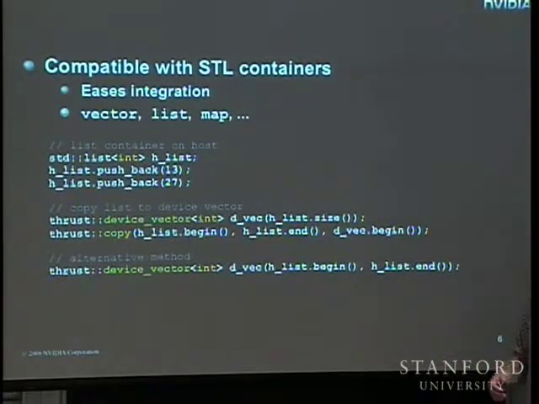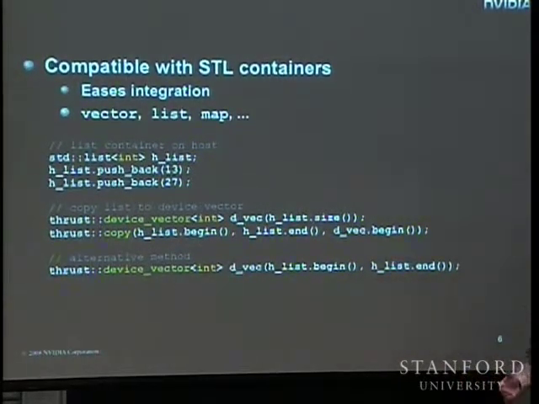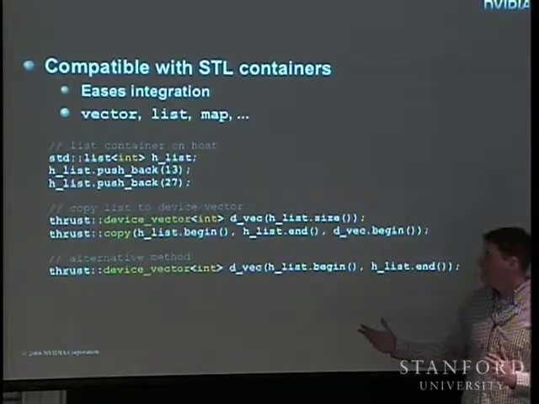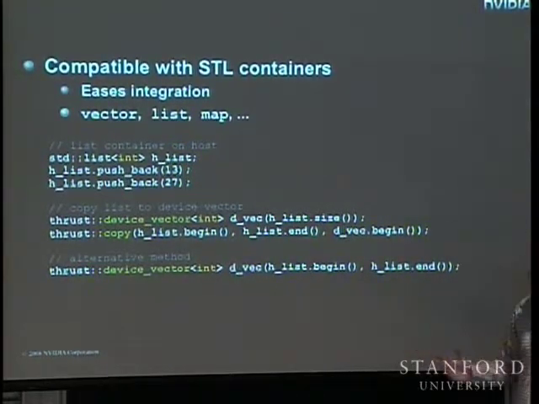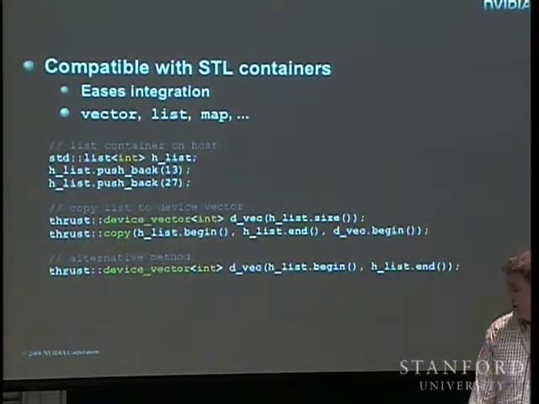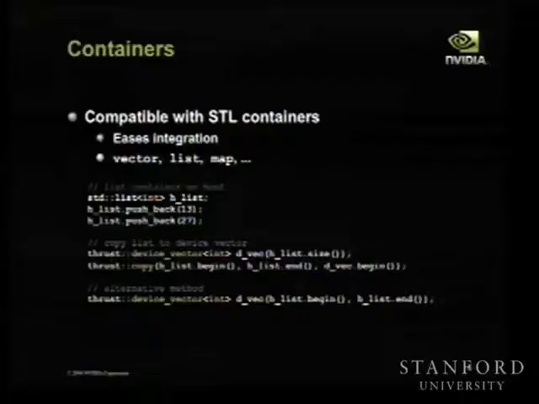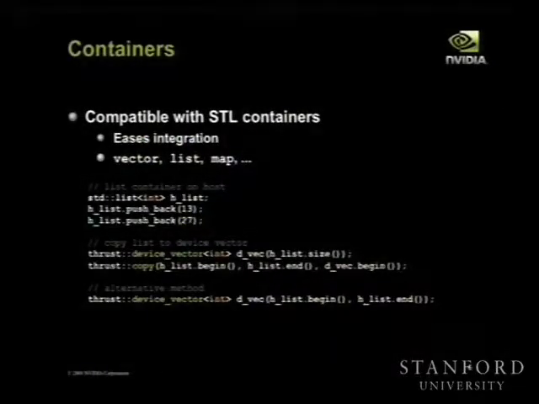It just says begin at this point in the vector, or in this case list, proceed until you reach the end, and that defines a sequence. And in this case, we're saying to copy that sequence over to the device. There's also sort of a one-shot way of doing this using the device vector constructor. So anyway, this is just to illustrate that it handles a lot of the boilerplate code you might write if you just write using standard CUDA C.